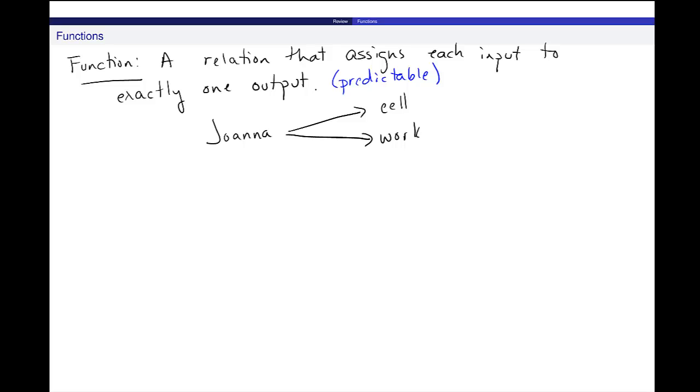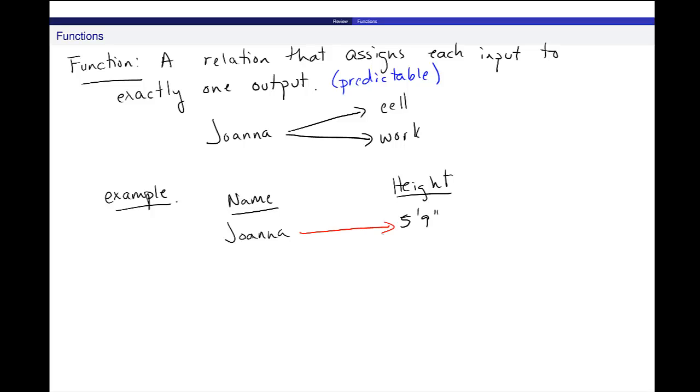An example from real life of a function is people's names and their height. Each person has exactly one height associated with them.